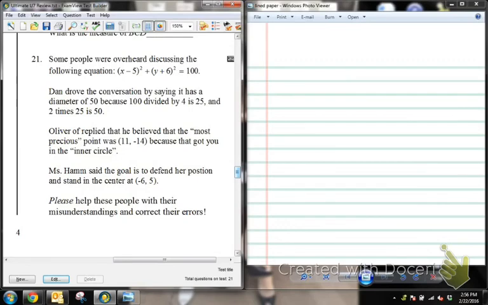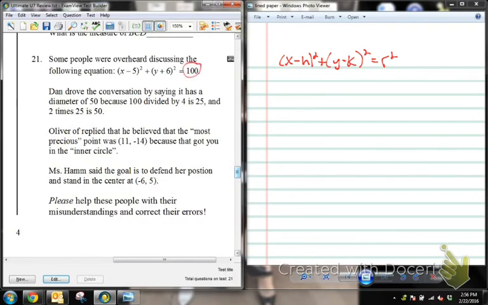Now remember that for the equation of the circle, it's (x minus h) squared plus (y minus k) squared equals r squared. So in the formula, they've taken the radius and squared it, and they've gotten 100.